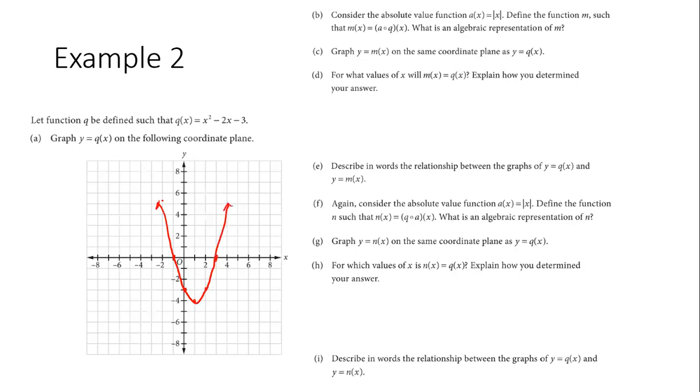All right. So here is my q of x. Are we good? All right. Now part B says you're now going to find m of x. m of x is a composed of q of x. Remember, a of x is absolute value of x, right? So to find our m of x, it equals a composed of q of x.